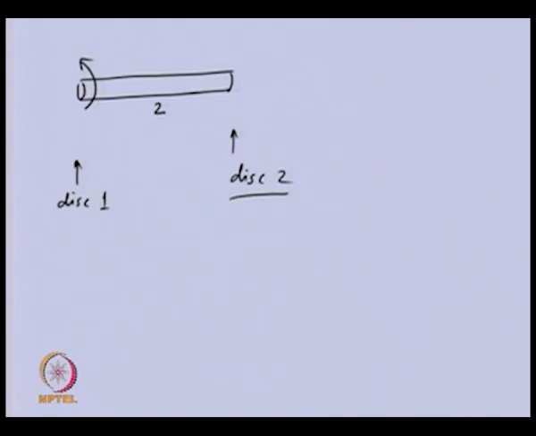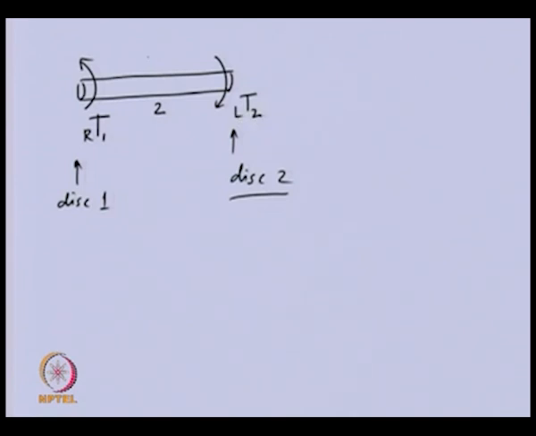I will write this as torque right of disk 1, because this particular end of the shaft is attached to the right of disk 1. Here we will have the torque representation as left of disk 2, because this particular end of the shaft is attached to the disk at the left.